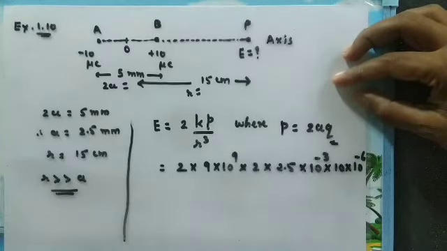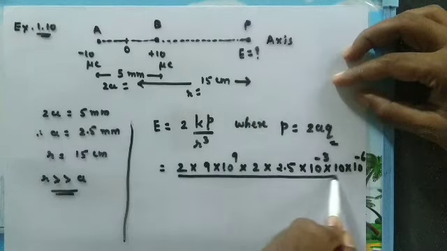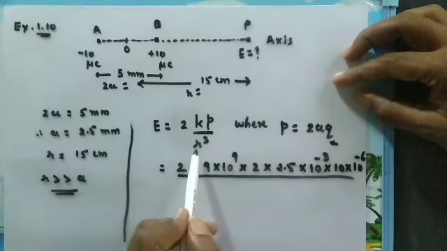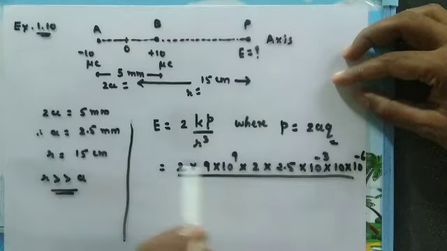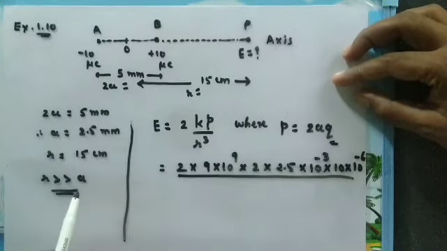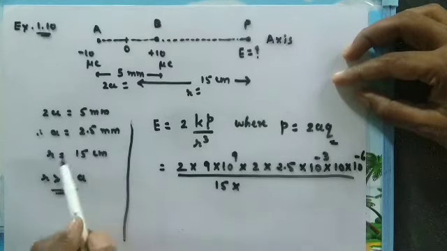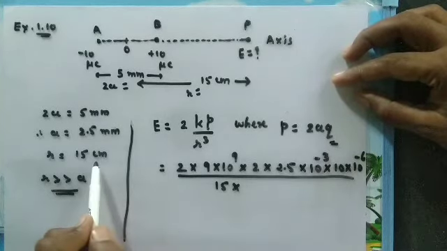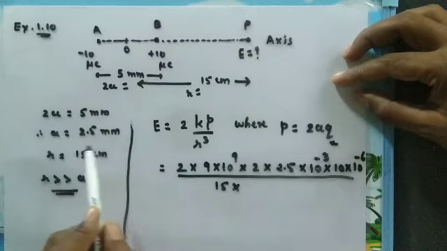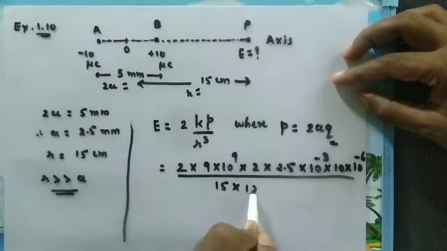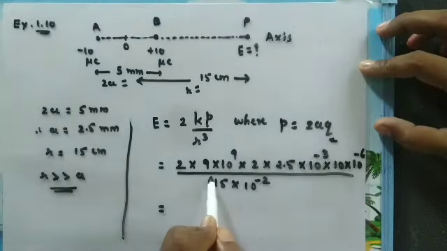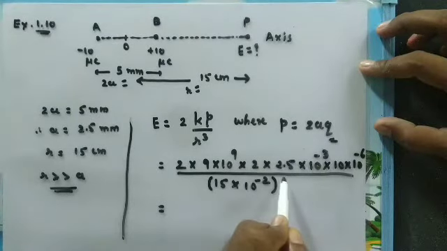So here we have kept all the values in the numerator. Now in the denominator there is R cube and the value of R is 15 centimeter, so we convert into the SI system: 15 into 10 raised to minus 2, and its power is cube.